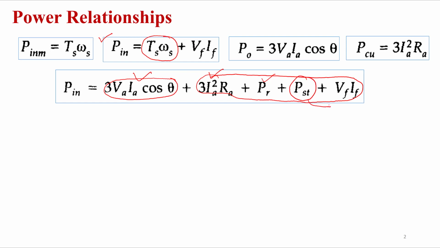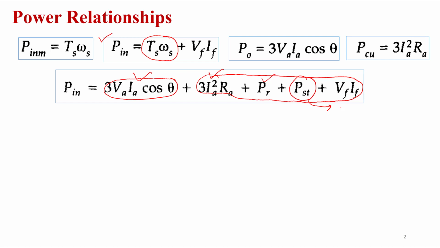We have never seen this term previously in case of DC generator, right? What is the stray load loss? It actually happens because of the electrical load connected to the synchronous generator. How does it come into picture? It is because of the harmonic content in the supply that causes extra burden on the generator, though it is very small.